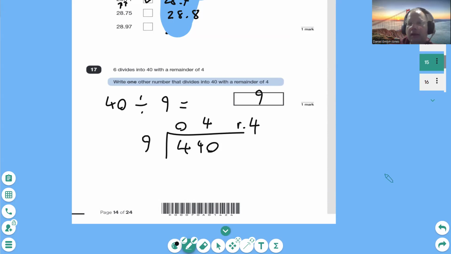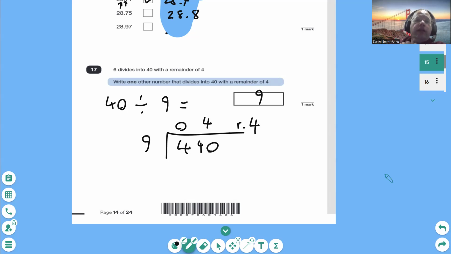So it's 9. So I think with that one, you think if 6 divides into 40 with a remainder of 4, the remainder of 4 means the result's 36. So other things that multiply to give 36, 9. Lovely, next one.